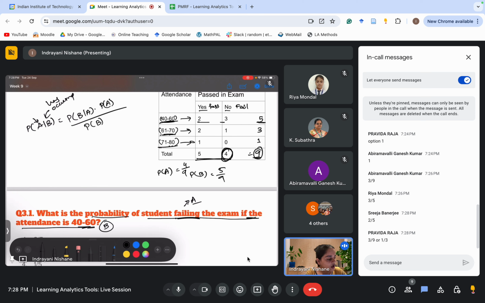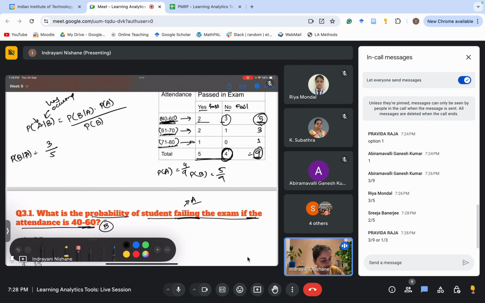Students with attendance between 40 to 60 number 5, and out of them 3 have failed.